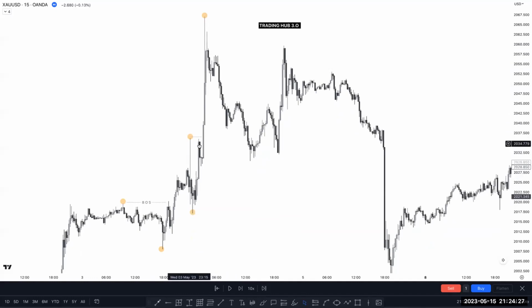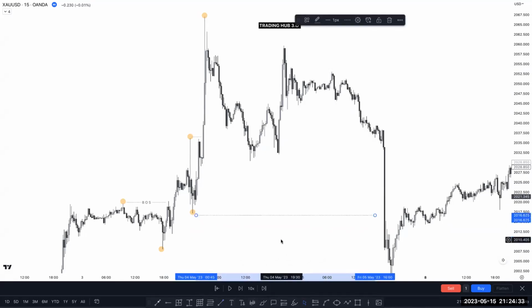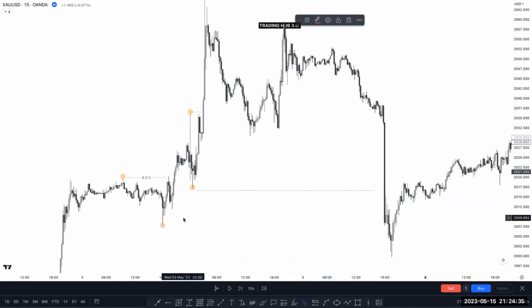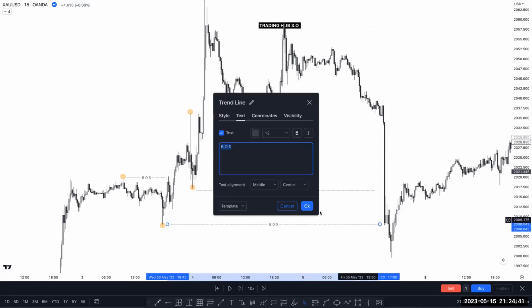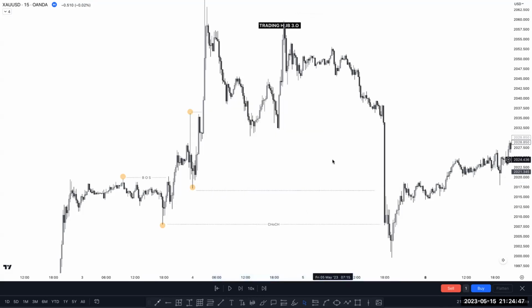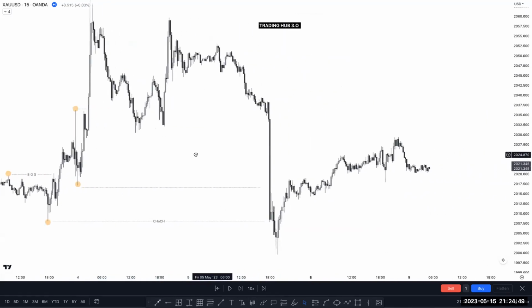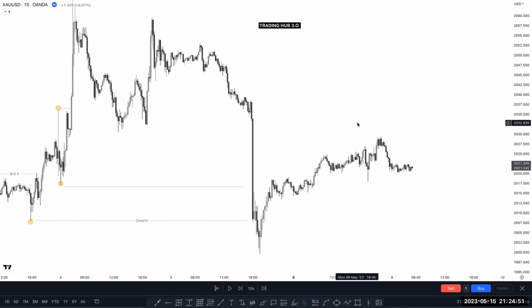So this structure will be transferred here and this low becomes our inducement at this point. And this low becomes our choch. And after choch, what happened here? You have to wait for the inducement to be taken out before selling.